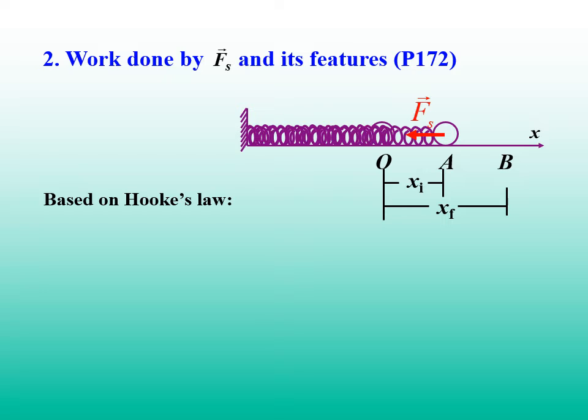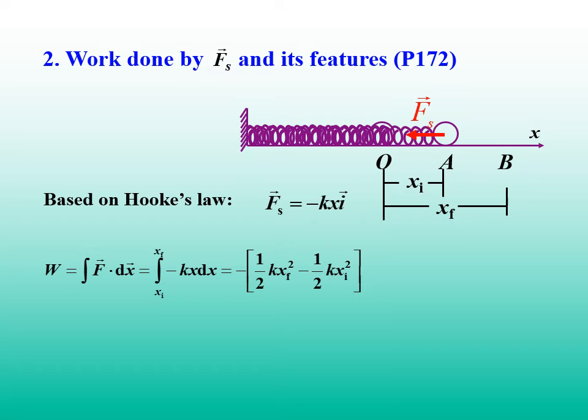The origin of the x-axis is located at the position where the spring is not compressed or stretched. The xi is the initial position of the object, xf is the final position of the object. According to Hooke's law, the force exerted by the spring on the object equals minus kx.